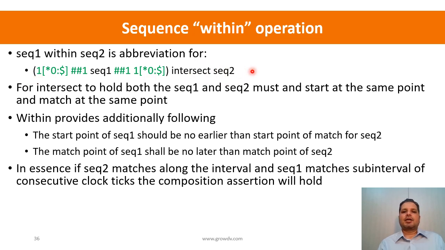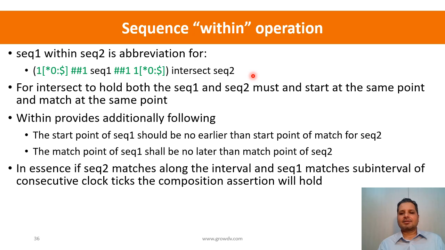It shows that the start and the end points will definitely match. If we formally define it, what it means is that the start point of sequence 1 should be no later than... no earlier than the start point of sequence 2. If it is earlier, then it won't be a part of it, correct? And the match point of sequence 1 shall be no later than the match point of sequence 2. Even if that happens, then sequence 1 is stretching beyond sequence 2.